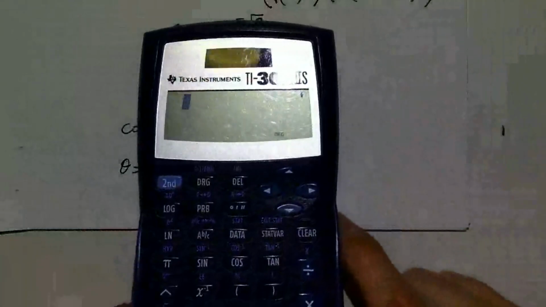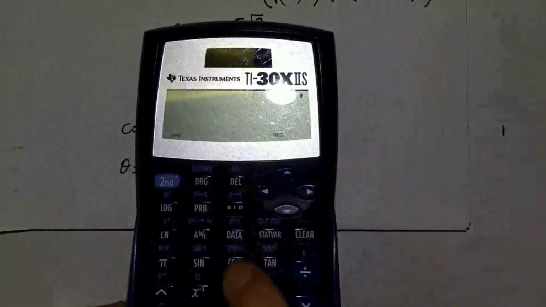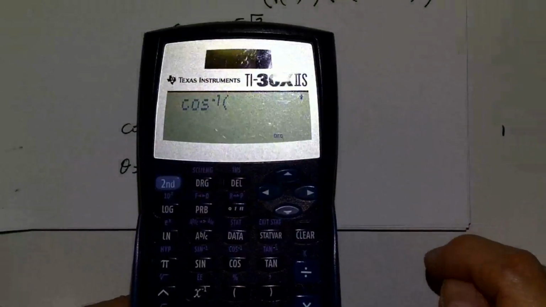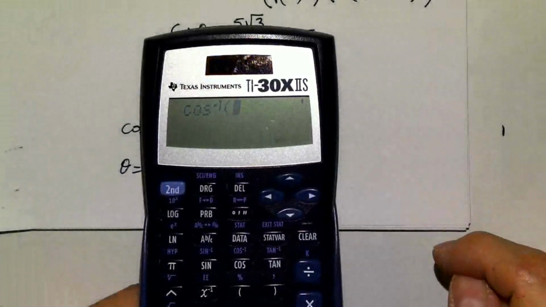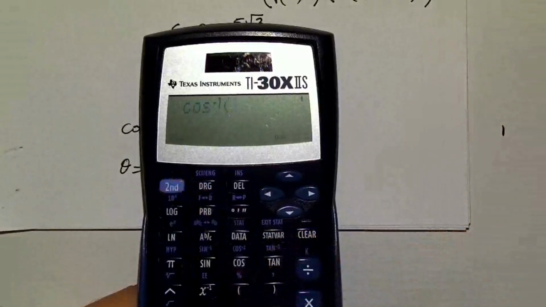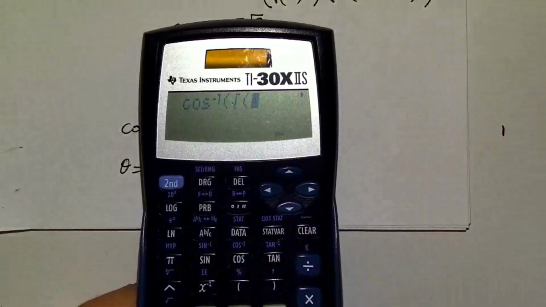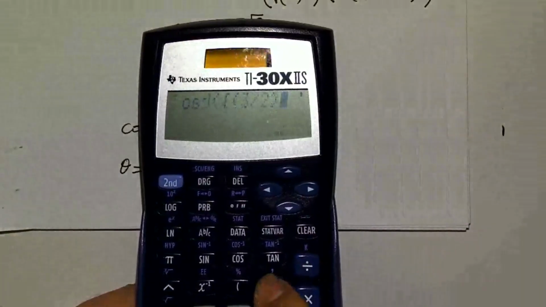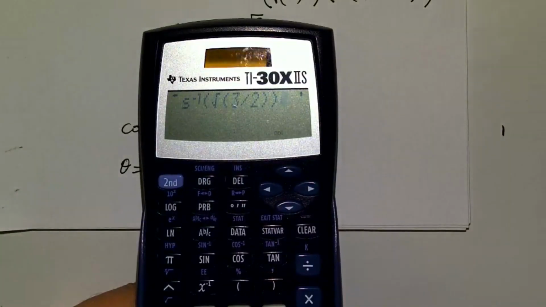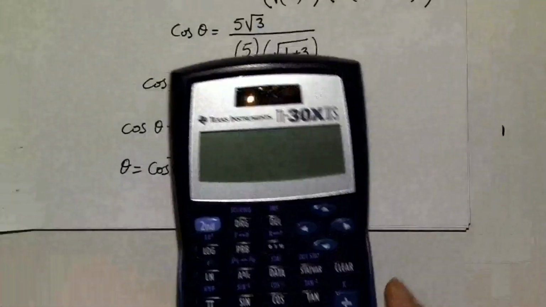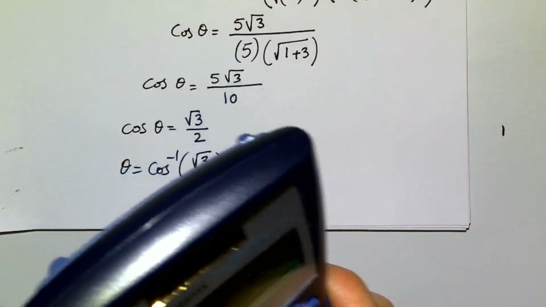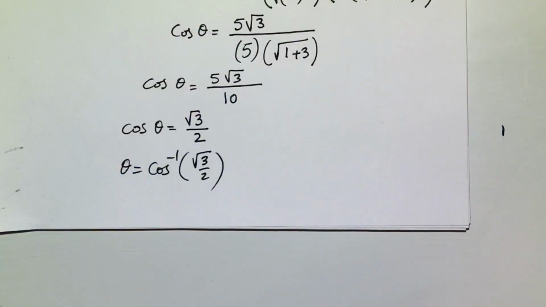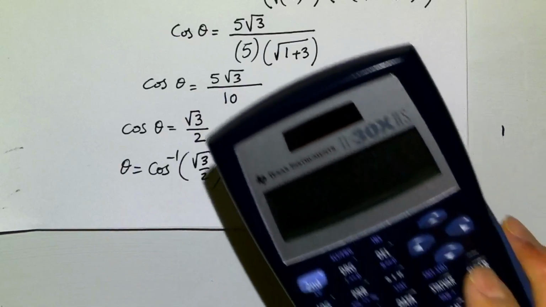All right. So we want to activate the inverse cosine and then take the input, the cosine of square root of 3 divided by 2. For some reason, this isn't working. That's interesting.